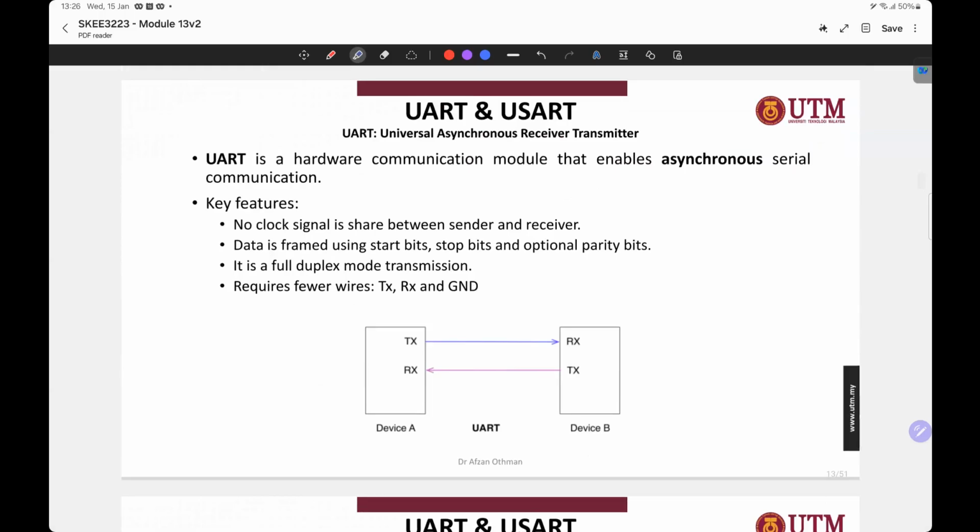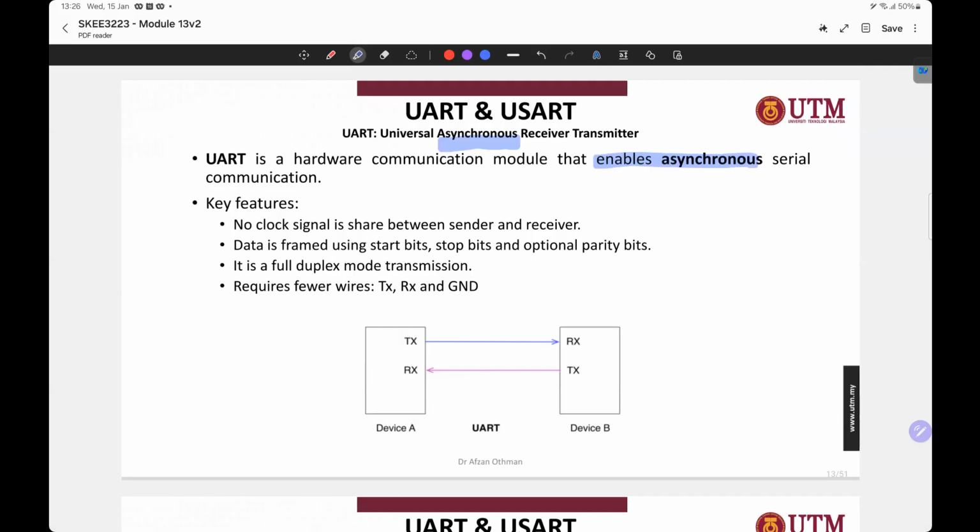UART stands for universal asynchronous receiver transmitter: U is universal, A is asynchronous, R is the receiver, T is the transmitter. It is a hardware communication module that enables asynchronous serial communication. By using the UART, you can communicate between one device and another device asynchronously.